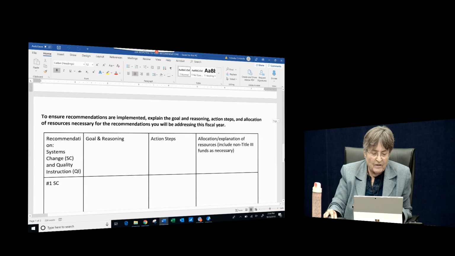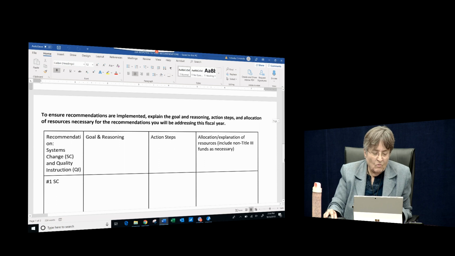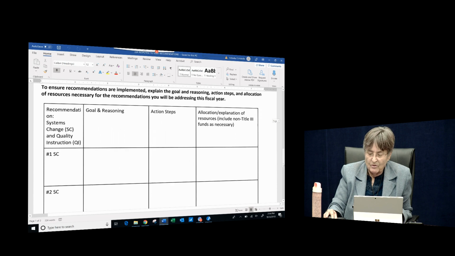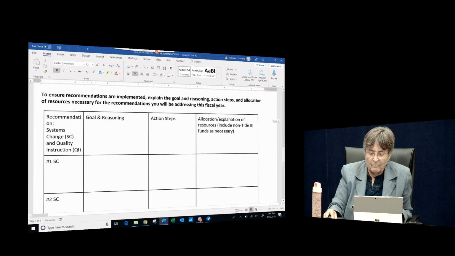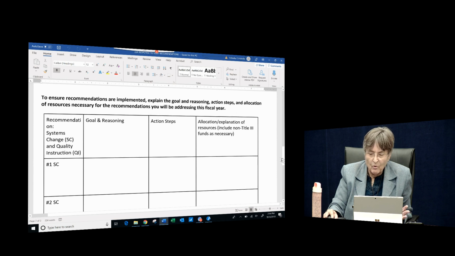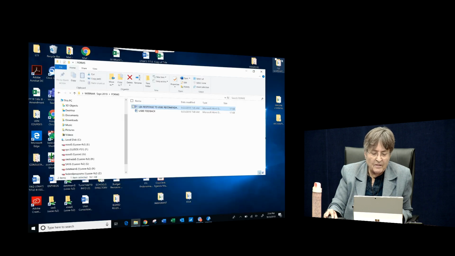And then the last part: which recommendation for systems and then for instruction did you decide to address? What's your goal, reasoning, action steps, and allocations, based on braided funding, which could include Title II, Title IV-A, Title I, all of these federal programs, as well as the at-risk funding and TSSA.